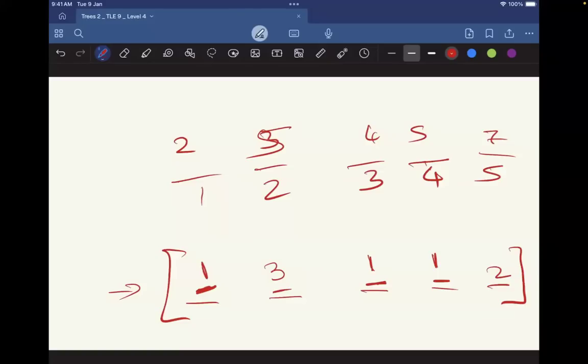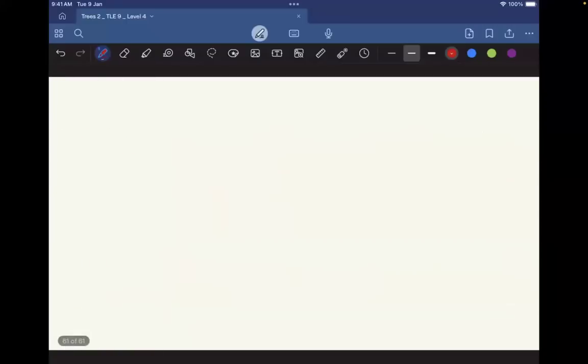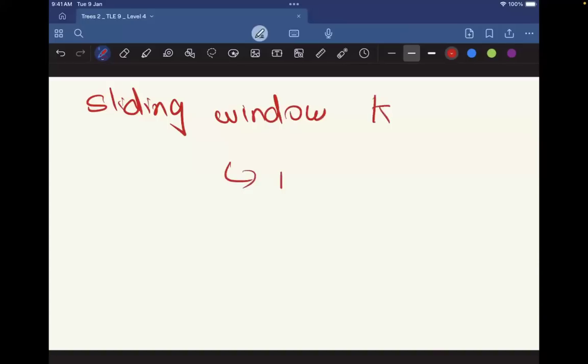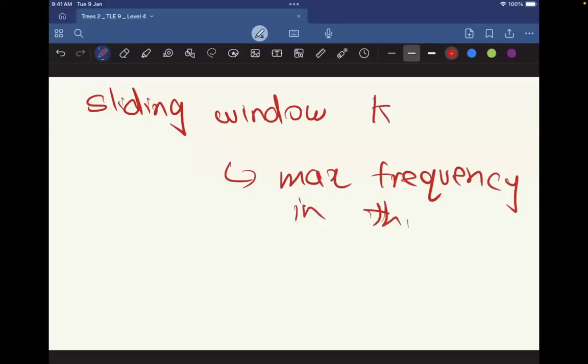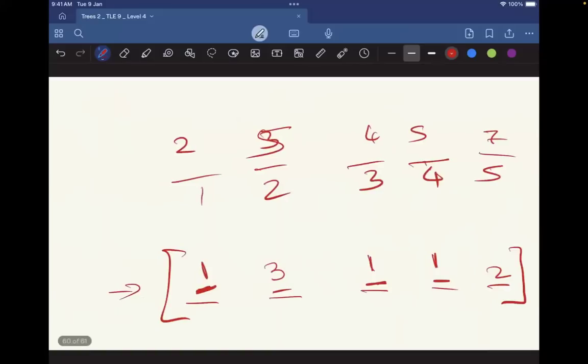So what is my final subproblem? My final subproblem here is that for every sliding window of size k, I want to know what is the maximum frequency in that window. Okay, because if I have converted my array to something like this, in every sliding window, I want to know what is the frequency in that window.